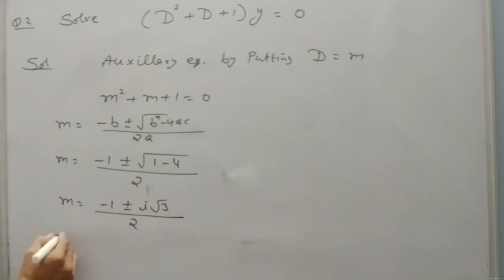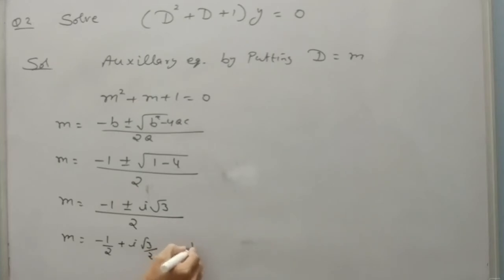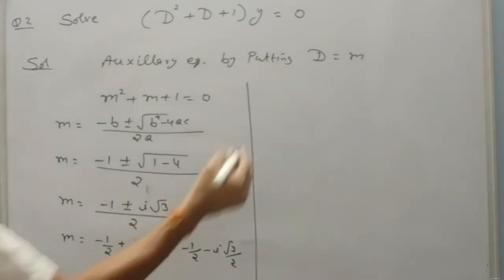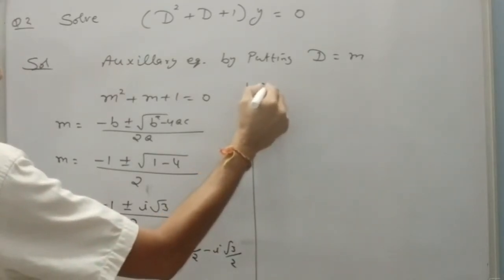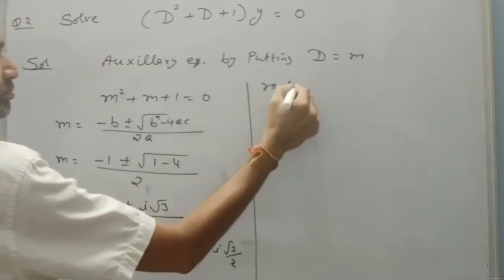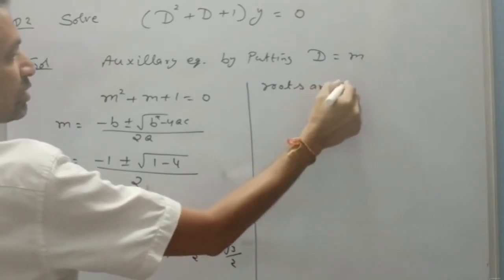So we have the two roots, that is minus 1 by 2 plus iota root 3 by 2 and minus 1 by 2 minus iota root 3 by 2. As you can see here, both roots are complex, so we can say the roots are complex.